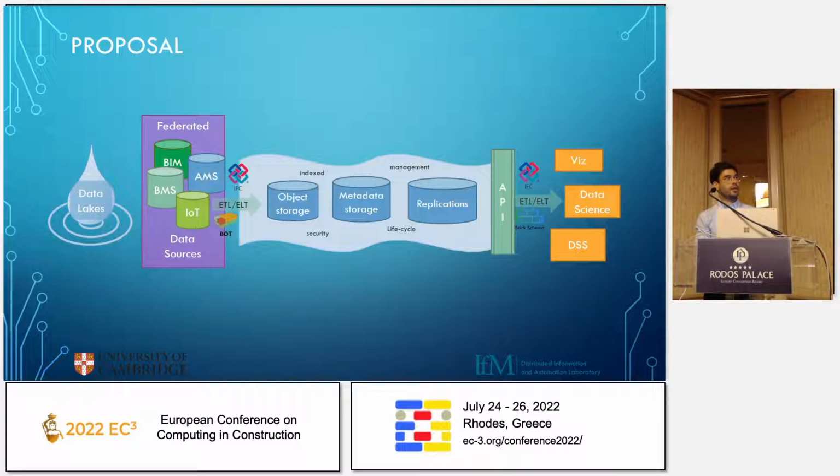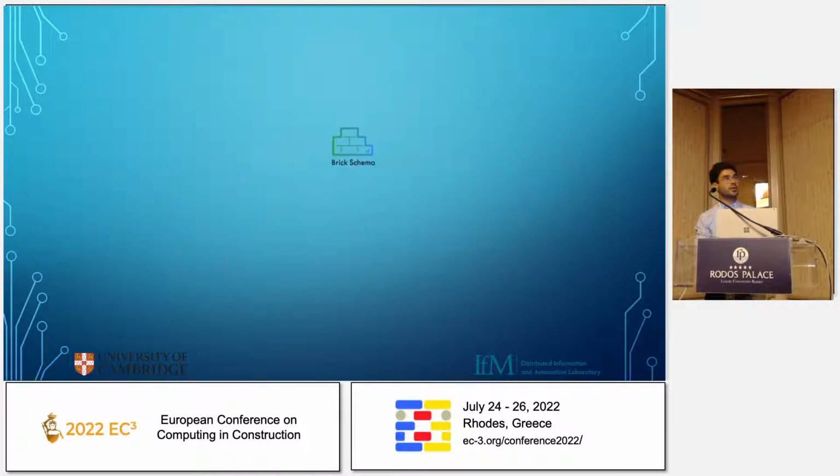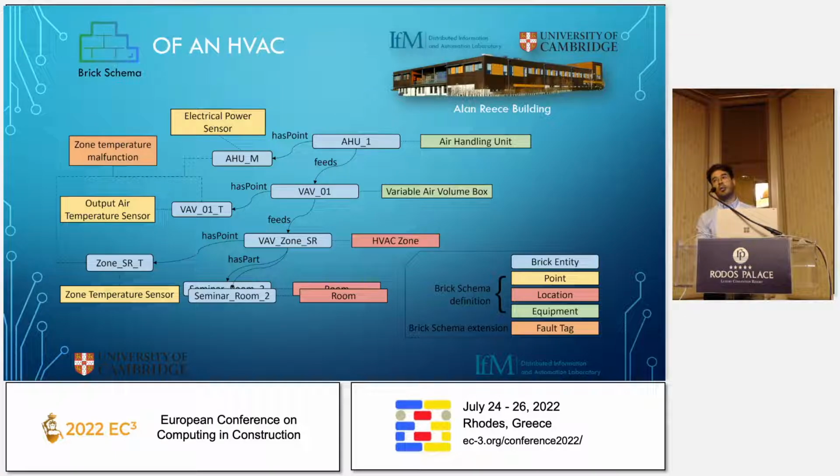Now, we think that for this model to be successful, we need to start from the application side as well. So we gather all the different information requirements for the applications and then go and find the data for them. And then use the different ontologies to actually enable that integration.